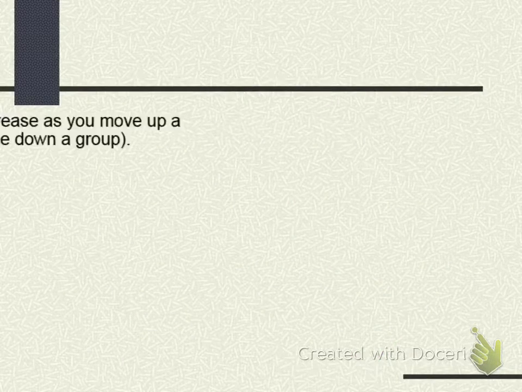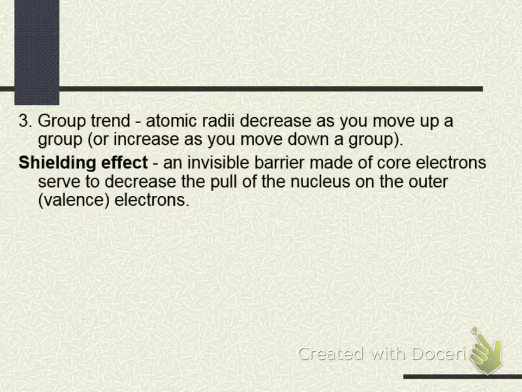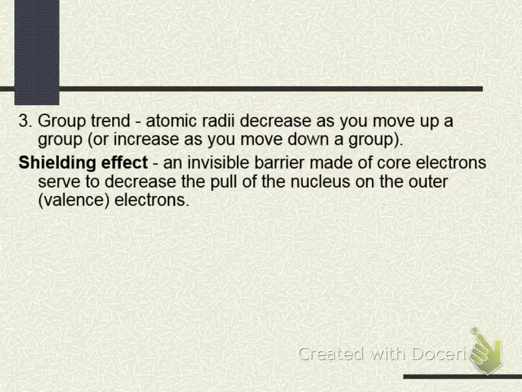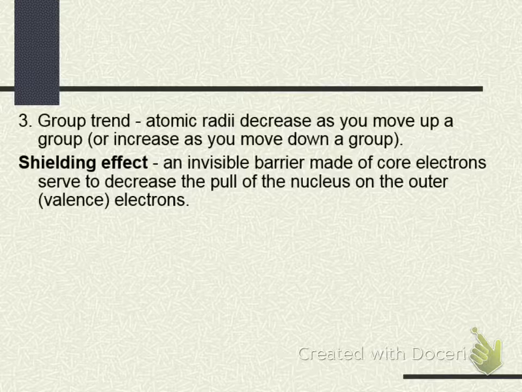Okay. When we talked about the group trend as you go down, it gets bigger, and we talked about the fact that we're adding energy levels, but we did not say what it's called. That is called shielding. Okay, shielding. Because basically the outer electrons, remember it's about the valence electrons, are being shielded from the nucleus by all the electrons in between. Okay, so in the case of sodium, it's got 11 electrons, 3 energy levels.